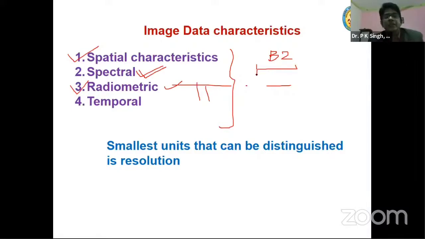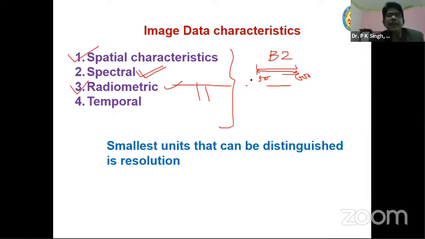So between what and what, it is 500 something to 600 nanometer. This is the spectral characteristic of this band 2, which is really band 1 in LISS 3. So what is the wavelength of this band? That is the spectral characteristic. And resolution means how narrow the band is.